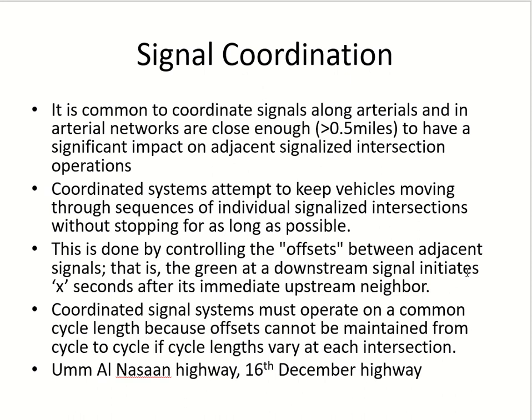But you can only do it when there is a major road and the intersecting roads are minor roads. For example, the 16 December highway, the one passing in front of the stadium. 16 December is a major road. The others are streets, normally having less traffic.